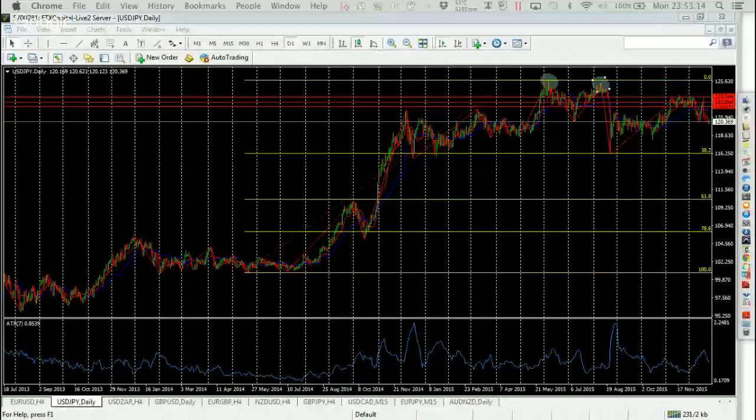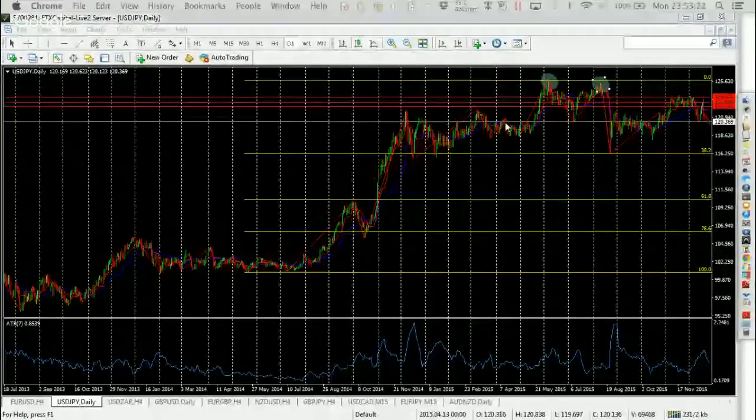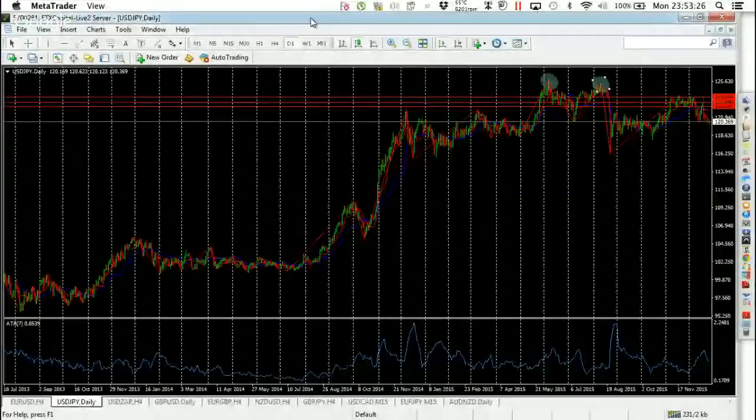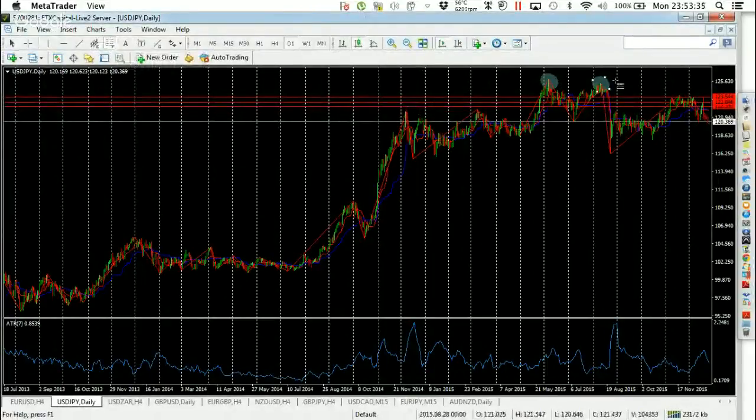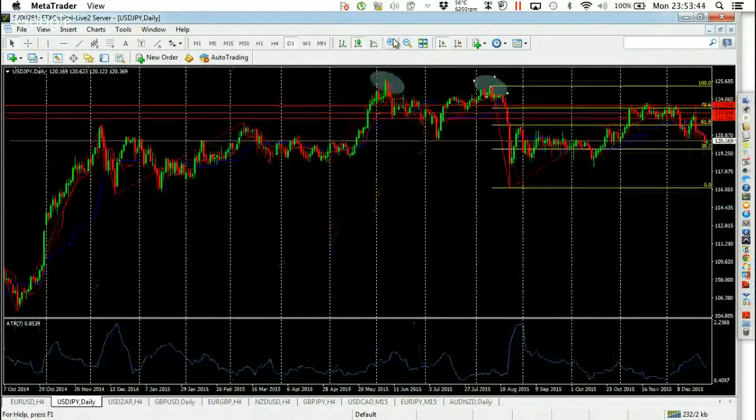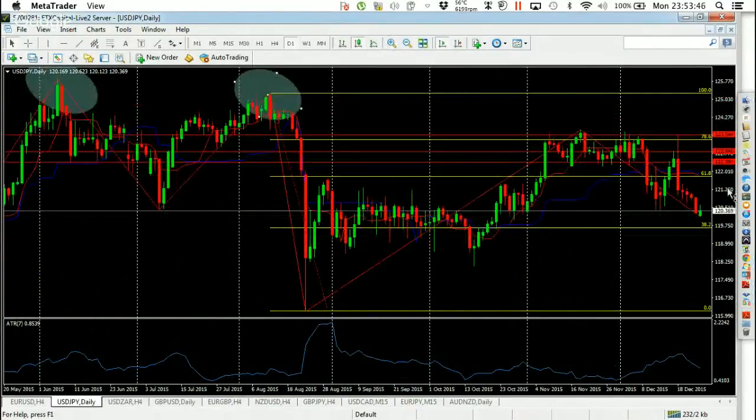Okay, so double top, and generally what we would expect, let me just take this long fib away, for the market to do after a double top like that is come into a 618 retracement. Unfortunately, or fortunately, however you want to look at it, the market went in just a little bit deeper than a 618. It went into a 786.